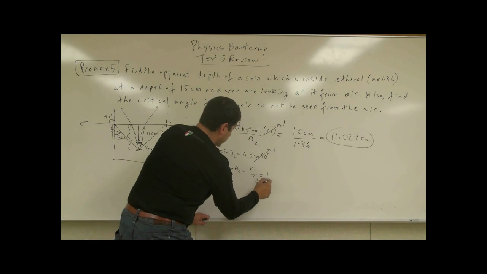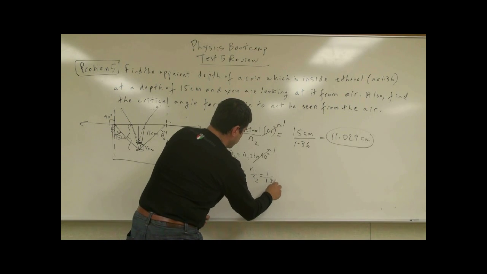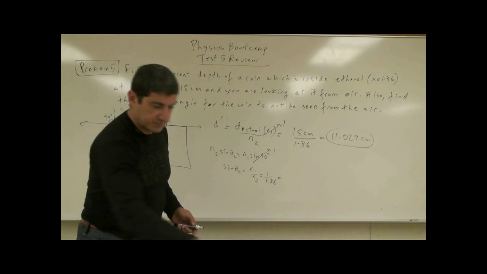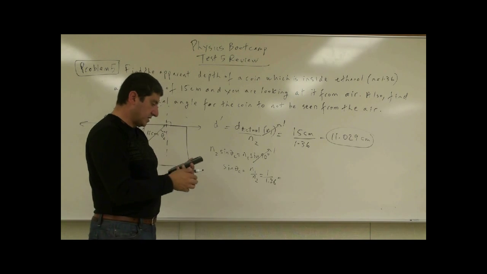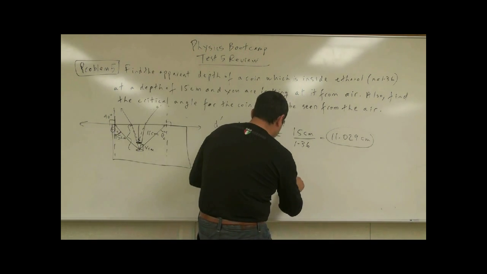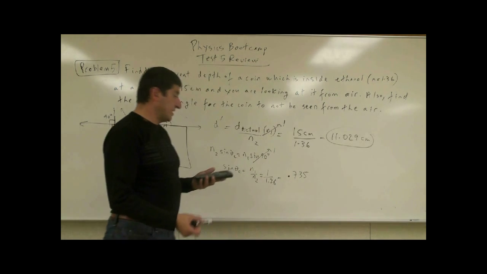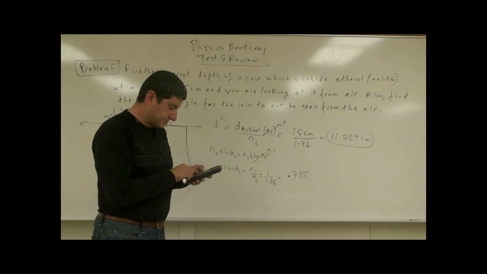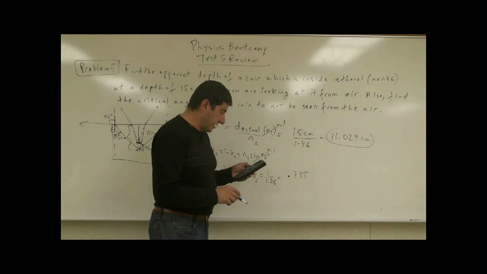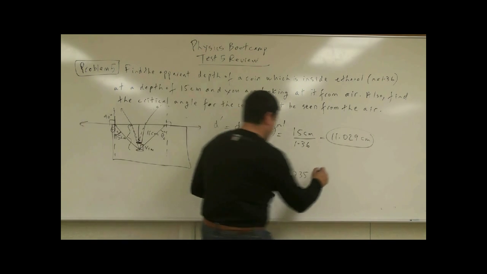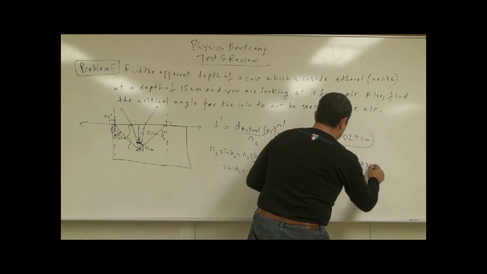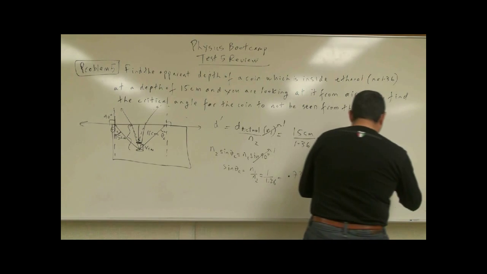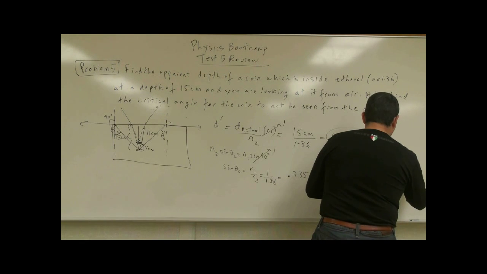So in this case, 1 over 1.36. 1 divided by 1.36 is equal to 0.735. And then you take the inverse sine of that. So theta critical is the inverse sine of 0.735, and it comes out to be 47.3 degrees.